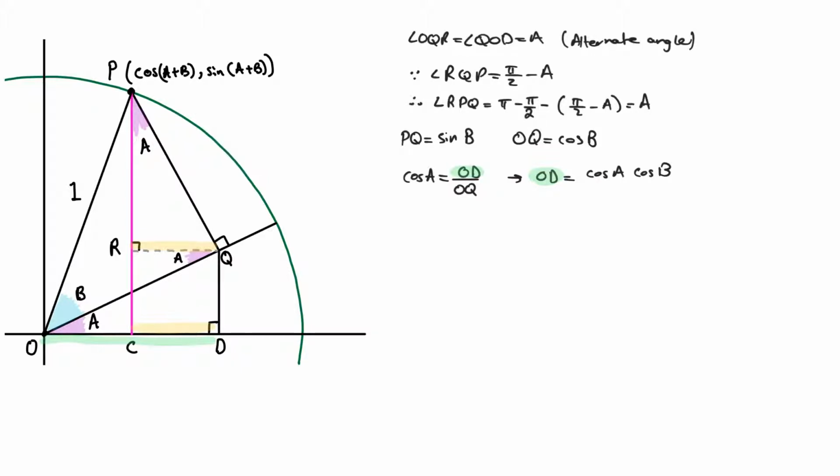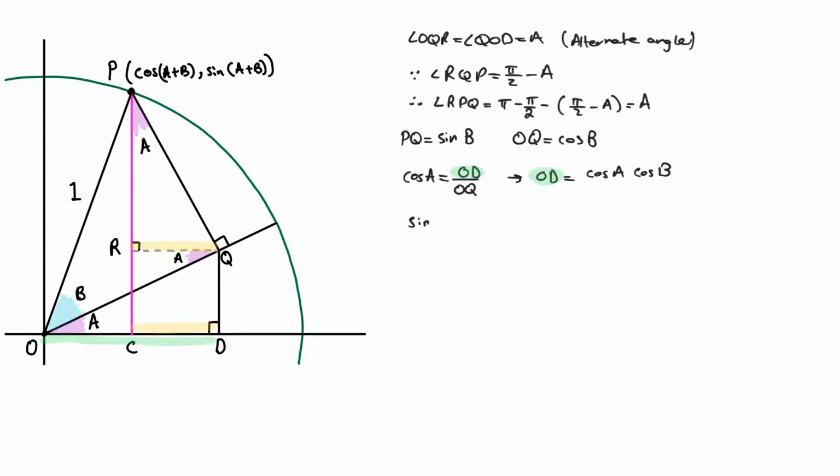The next thing we're going to do is figure out what length RQ is, and that's the same as CD, so then we can easily subtract them. We can figure out that sine of A is the opposite, which is this length, over the hypotenuse, which is PQ. We already have PQ as sine B, so that will make everything much easier.